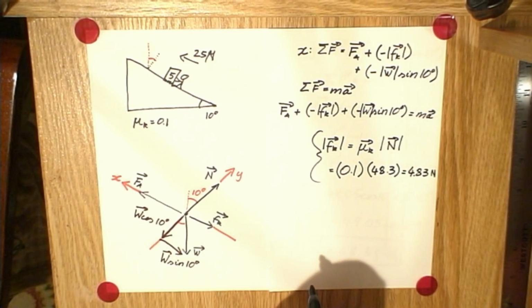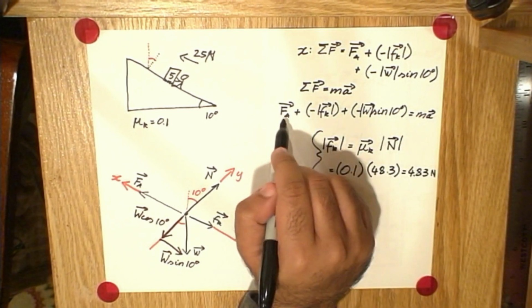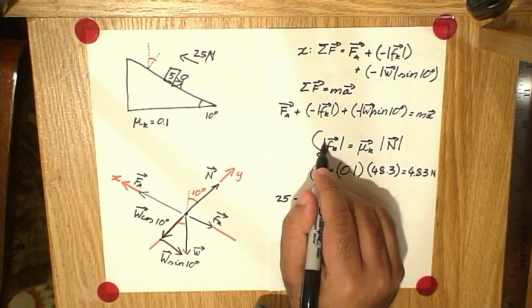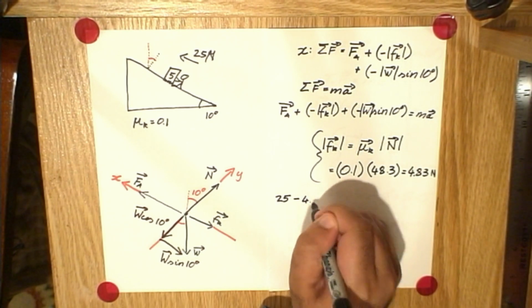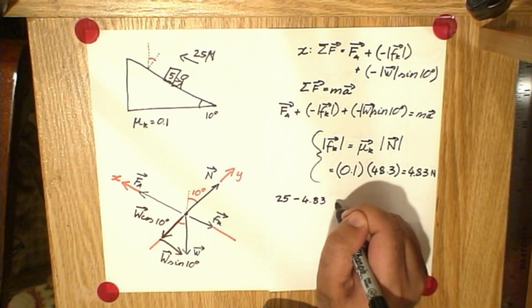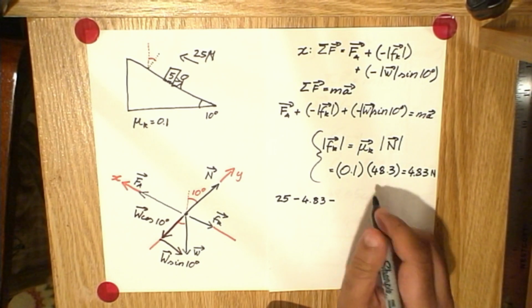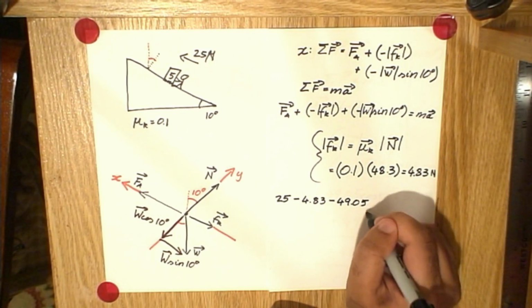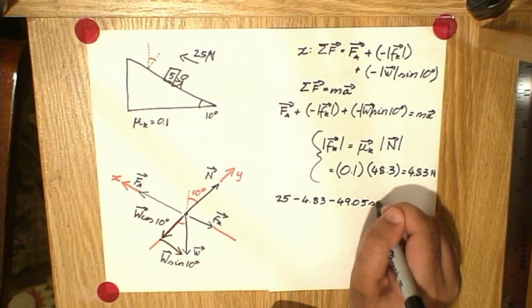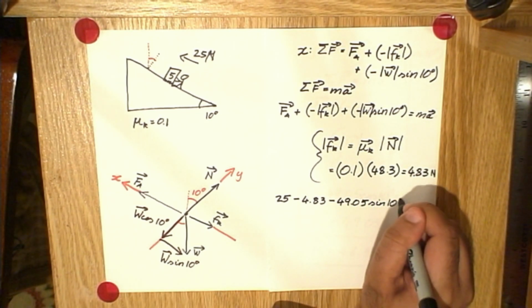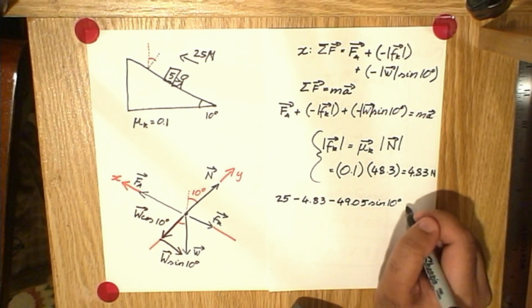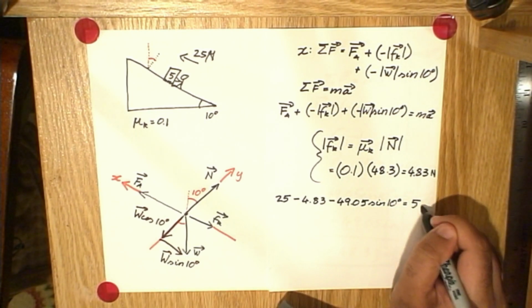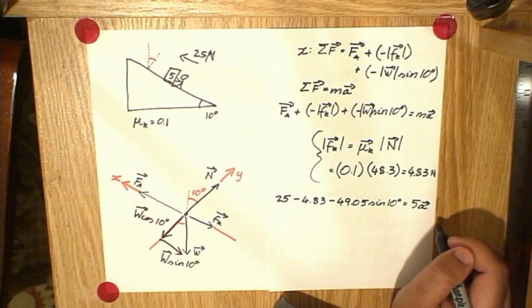So let's plug everything that we know into this equation. The applied force, 25, minus friction force, 4.83, minus the weight force. We already worked out that the weight force was 49.05. This was in the y direction that we worked it out. And this time we're going to take the sine of 10 degrees, so we need to multiply it by the sine. All of that is equal to the mass, 5, times the acceleration.